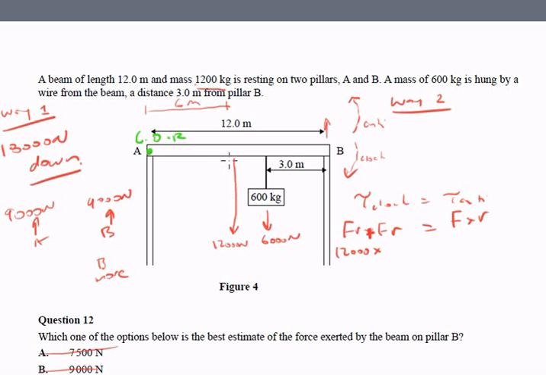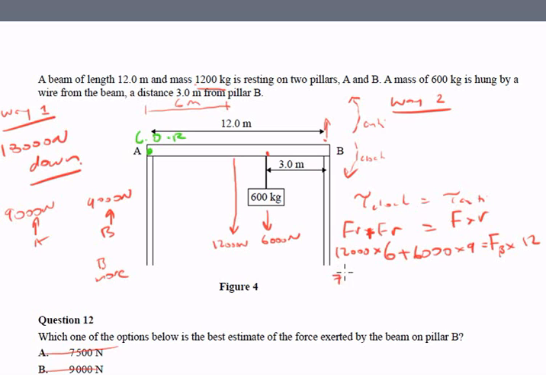So the first one is here, 12,000 times the distance is 6 meters to the center of rotation, plus 6,000, and the distance to the center of rotation is not 3 meters, the distance is from here to here, and that's 9 meters. And that equals the force from B, which we don't know yet, times, what's the distance? From here to here is 12 meters. So let's just work everything out.